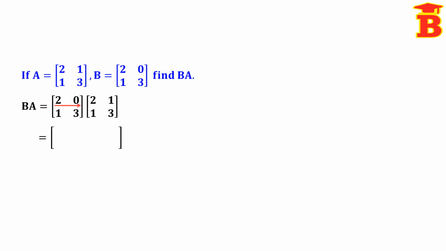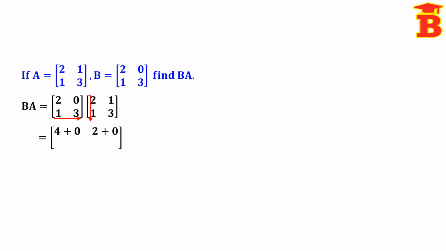So here take first row, multiply with first column. So we get 2 into 2 is 4 plus 0 into anything 0. So 4 plus 0. Next first row second column, 2 into 1 is 2 plus 0 into anything 0. This is first row answer. Next take second row and multiply with columns.